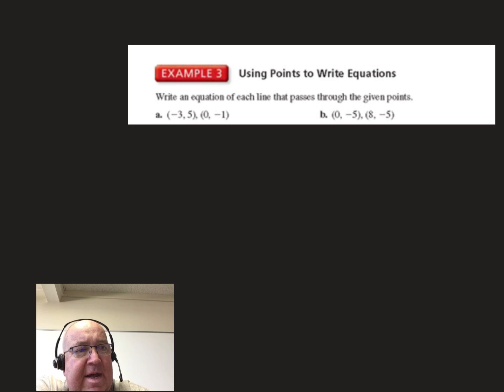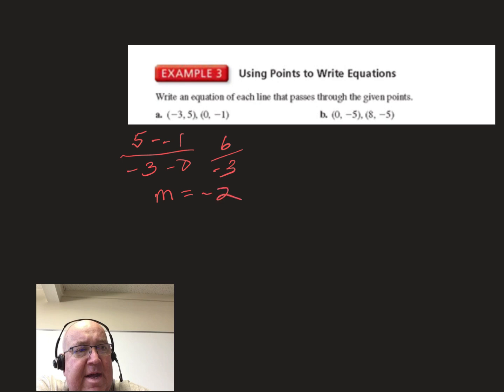We're going to take a y value of 5 minus negative 1 over x value of negative 3 minus 0. We're going to have 6 over negative 3. Our m value equals negative 2.